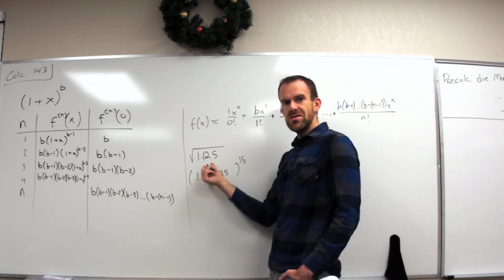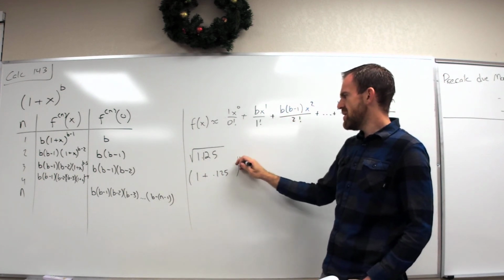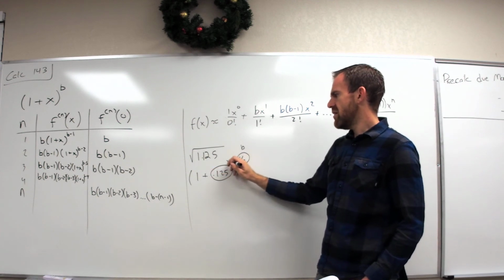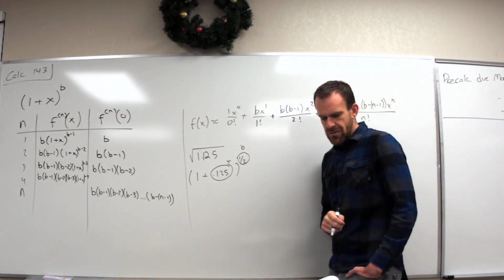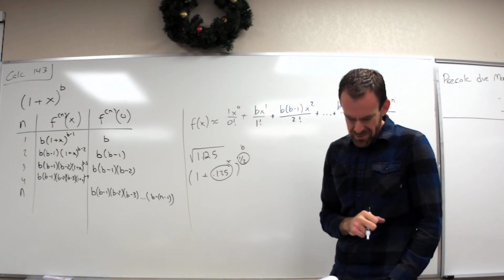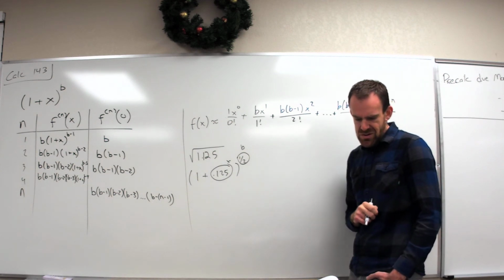The 1/2 power gives me the square root. So that means b is going to be 1/2. x is going to be 0.125. Not really a problem. Well, it is a math problem. But anyways, so what we do from here is that we are going to approximate this.